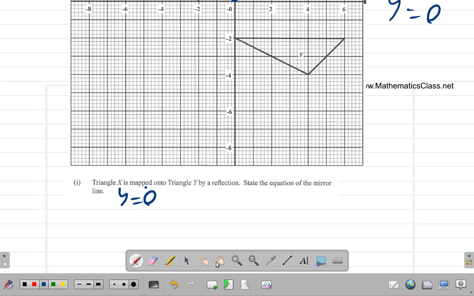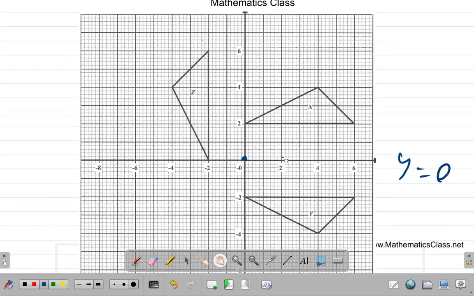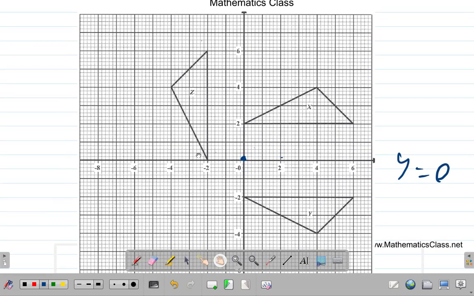Alright, let us see that now. Triangle X onto triangle Z. Alright. Now, remember, let me rub out some of these things first. Now remember, this triangle here, we come to this triangle here.